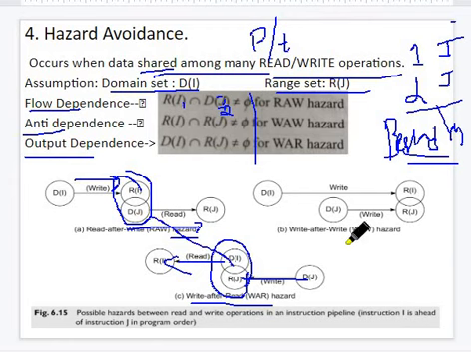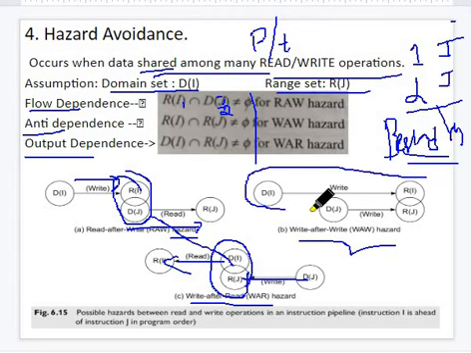Now comes write after write. One process is trying to write, and another process is also trying to update the same area. That is called a write after write hazard. Such a possibility may occur, and to avoid that, we should try to avoid hazards. Fine. Thank you.